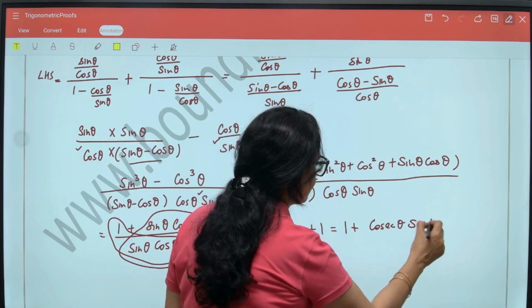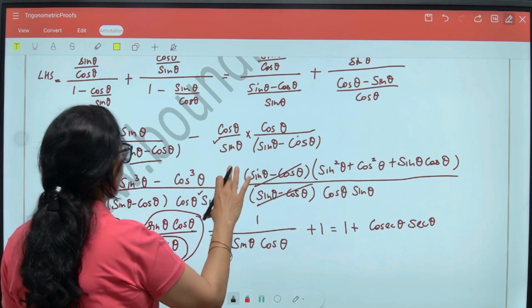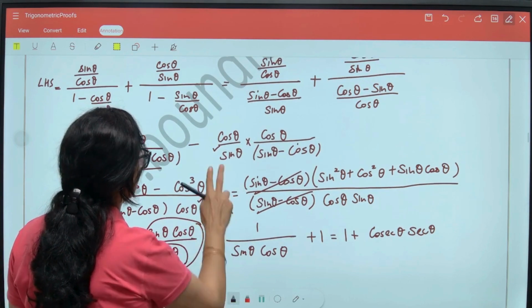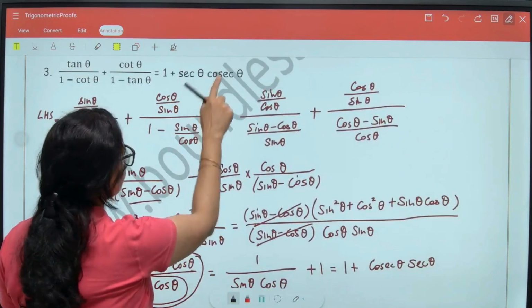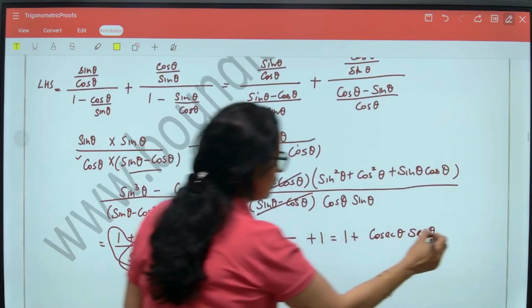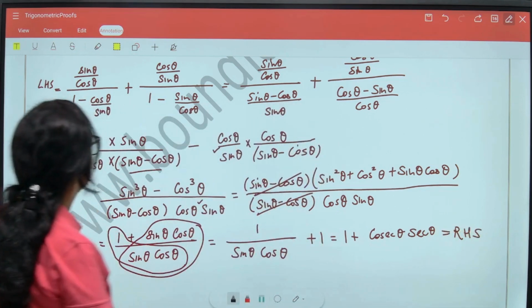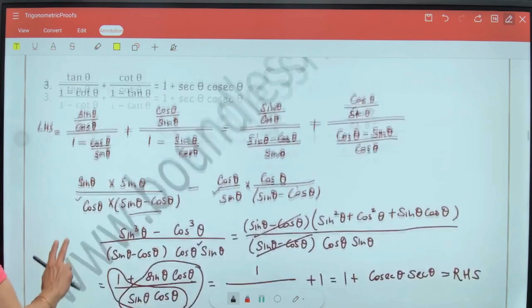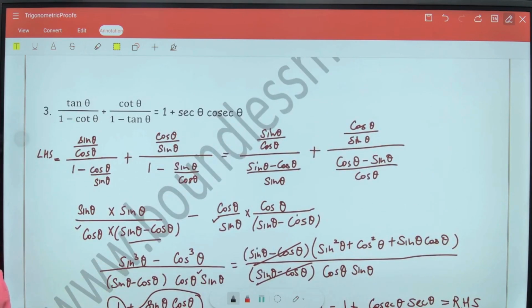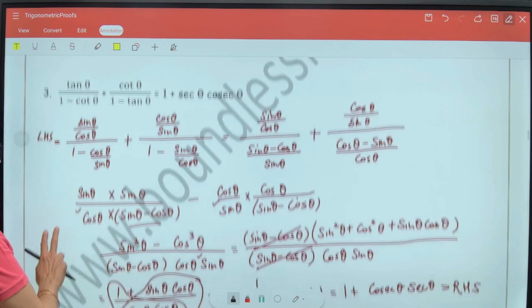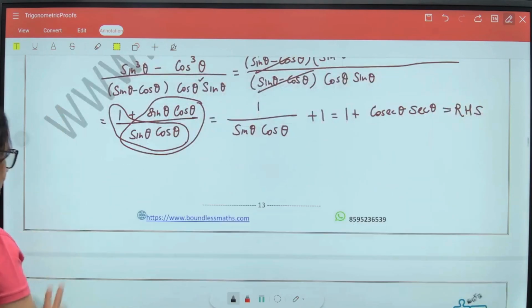So, this is what we have on the right side of our question. Yes, 1 plus sec theta into cosec theta. So, we have proved from left side we reach the right side just by converting everything to sine and cos and then simplifying. Clear? Wonderful. So, let us move to the next question.